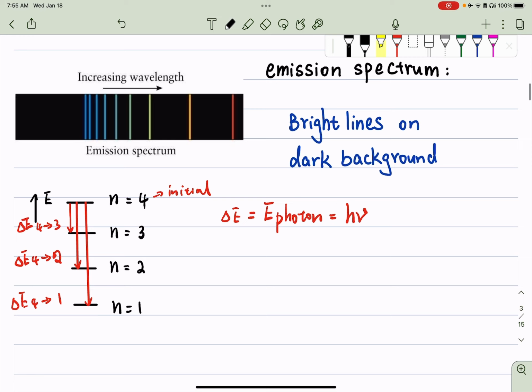What we mean here is two pieces of information. Firstly, for each transition, one photon is emitted in emission spectroscopy.